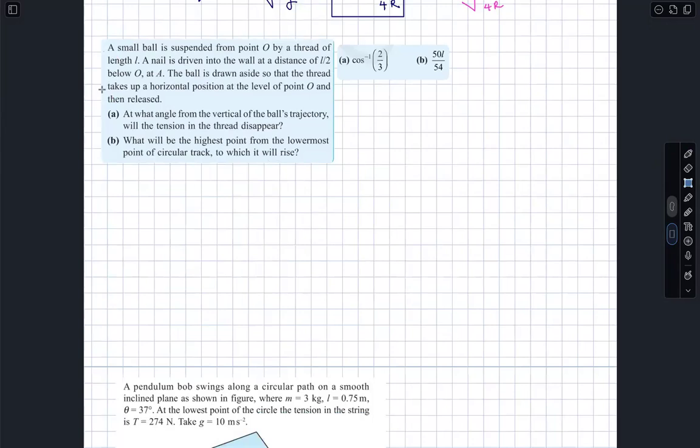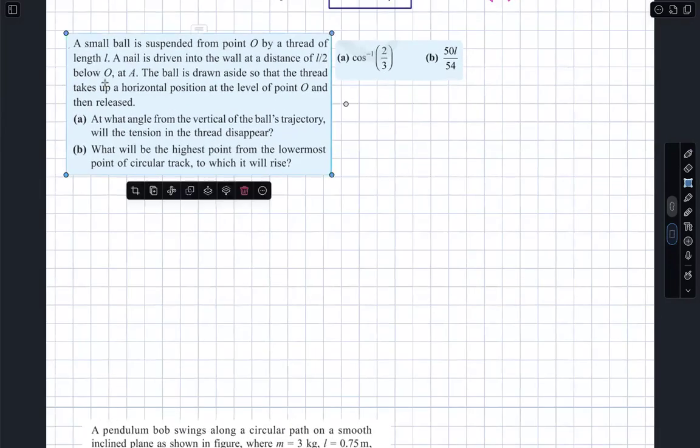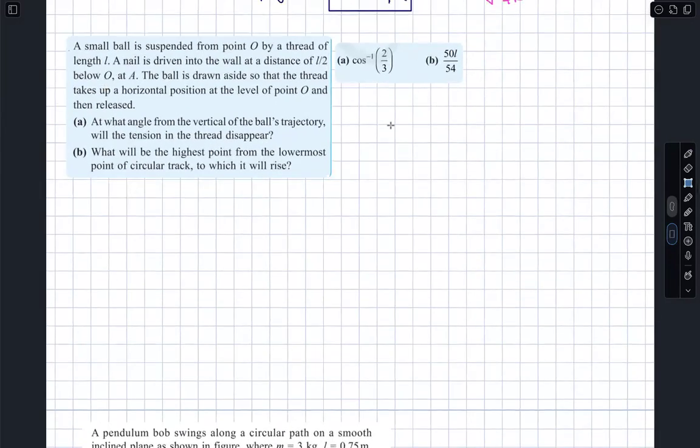A small ball is suspended from point O by a thread of length L. A nail is driven into the wall at a distance L by 2 below O at A. The ball is drawn aside so that the thread takes up a horizontal position at the level of point O and then released. Right, hold on. Let me complete the question properly.